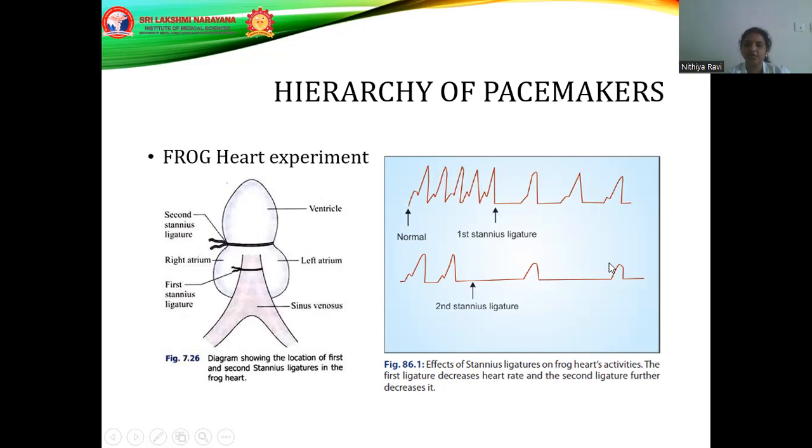You can see the distance between the peaks of each contraction. In the case of the second Stannius ligature, this distance is further increased, which denotes that the heartbeat further decreases. You can also notice that the strength of the contraction decreases progressively with the first and second Stannius ligature.